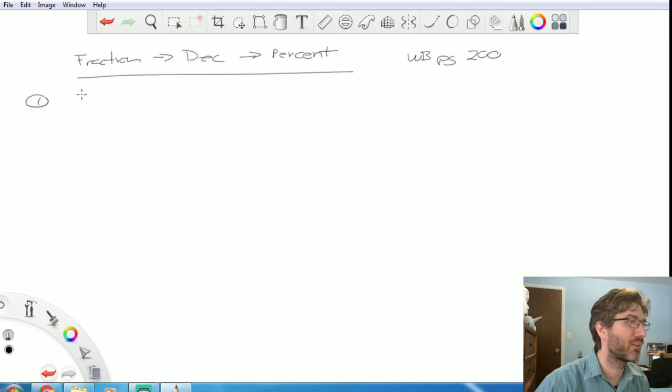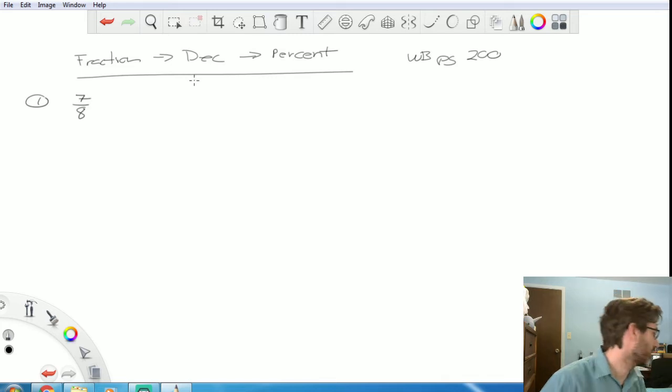Number 1 in the book was, what was it, Finn? 7/8? Make this a decimal. Then make that decimal a percent. Or make this a percent. Then make it a... was it decimal? A fractional percent is just a percent with a fraction in it. Does it say make it a fractional percent in there?